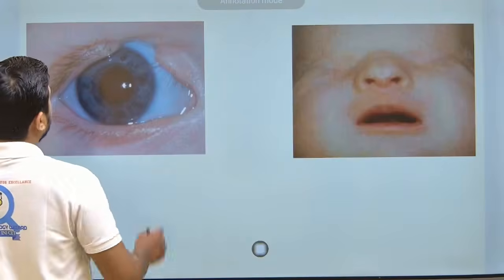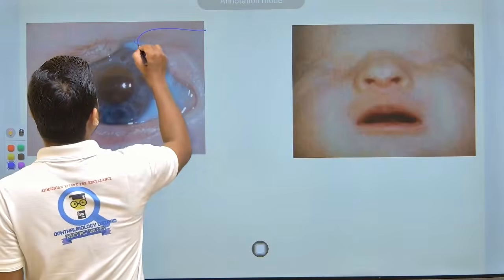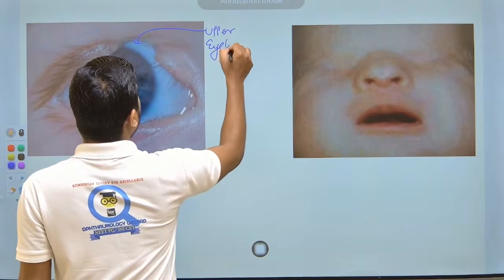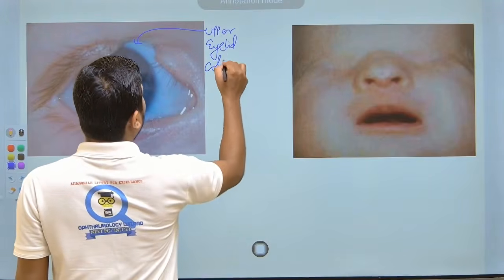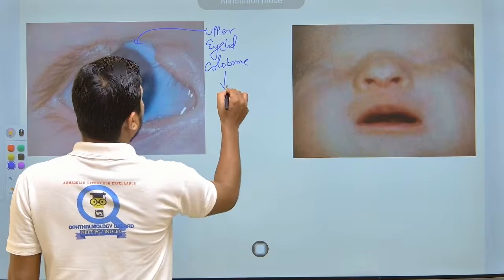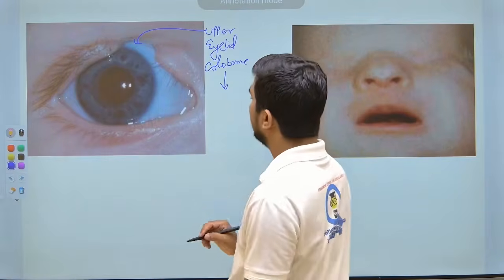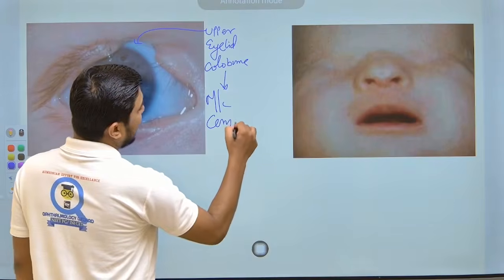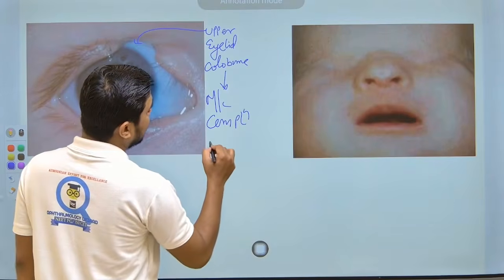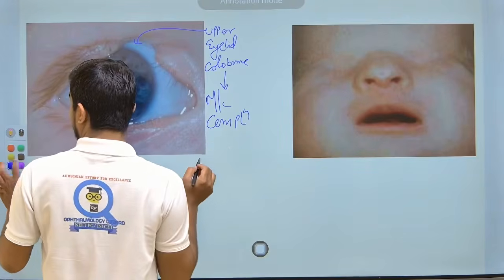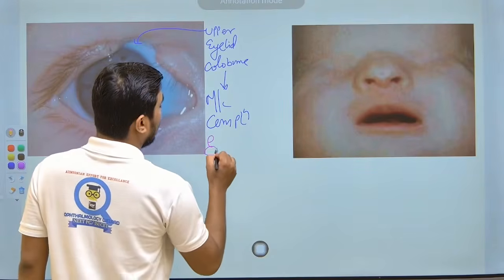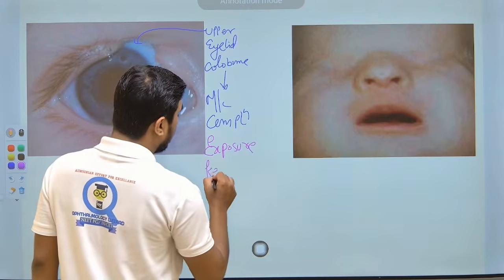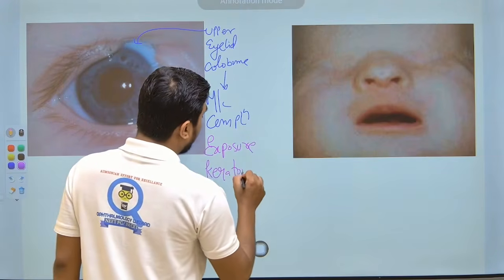There only I have described that this one is nothing but upper eyelid coloboma, and the most important and most common complication that can happen here is exposure keratopathy.